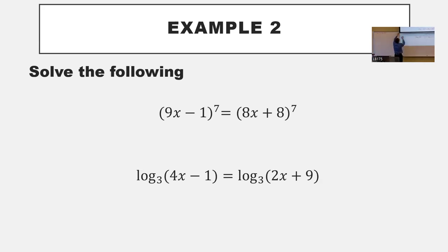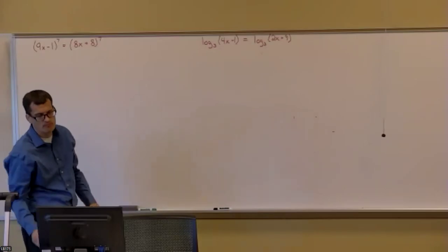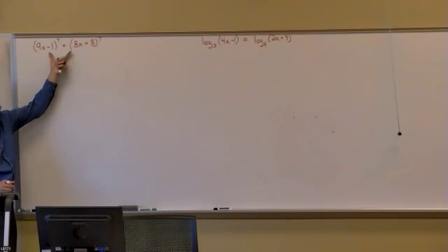So the other one is log base 3 of 4x minus 1 set equal to log base 3 of 2x plus 9. So on this one, the 7th power is such that I can set the bases equal.